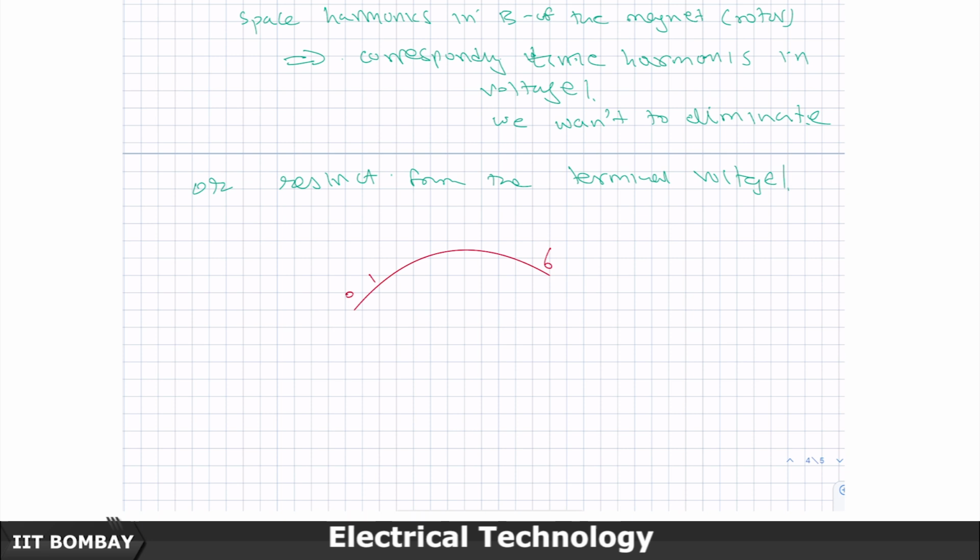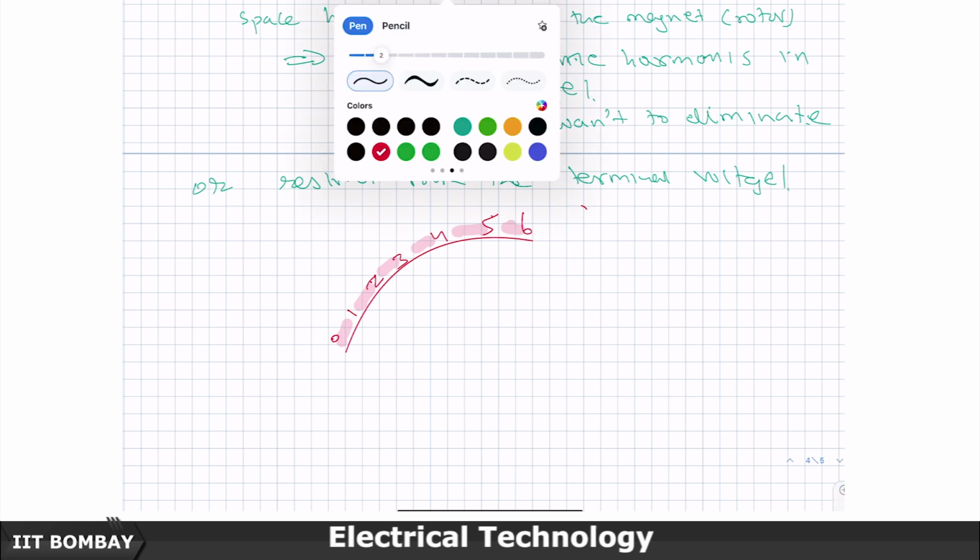Let me break it into some equal number of sections, 1, 2, 3, 4, 5, 6, and let us just shade it a bit. Now, what I do is rotate it slightly.